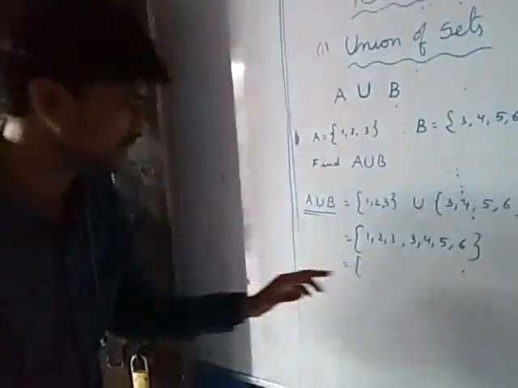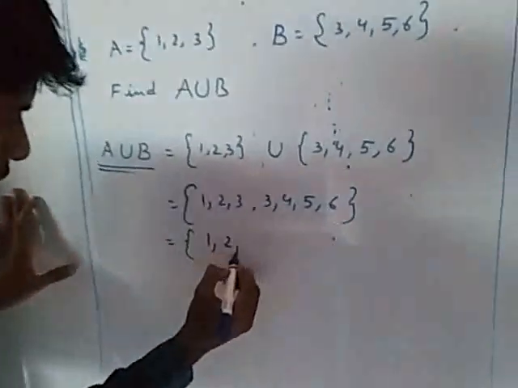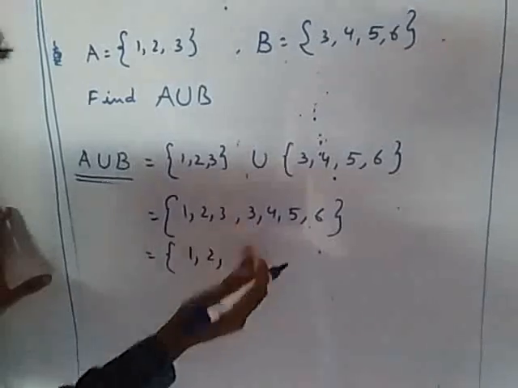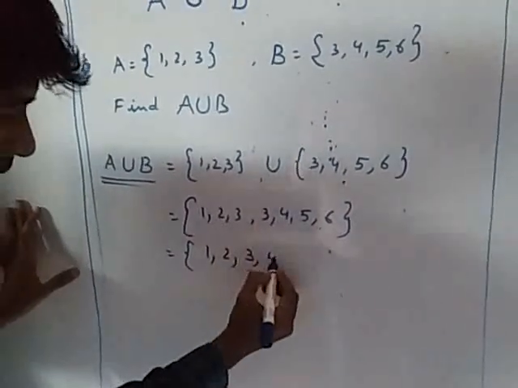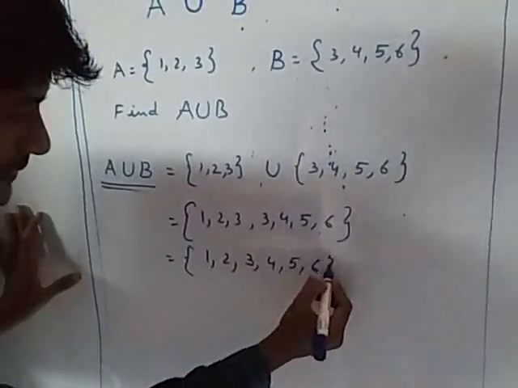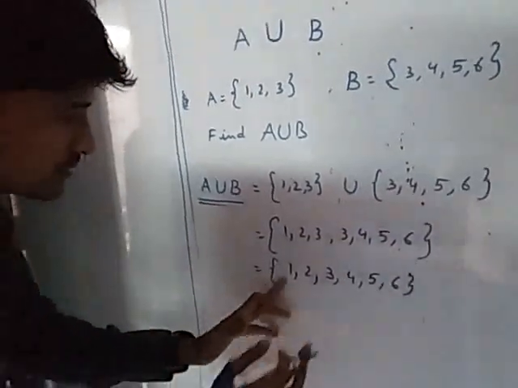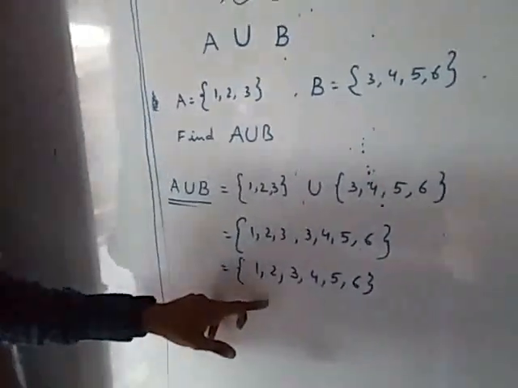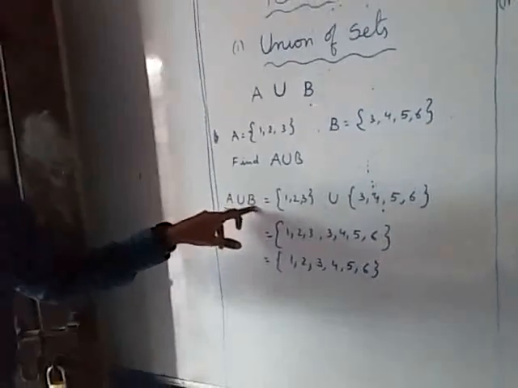So 3 should be written only one time, along with 4, 5 and 6. A union B means 1, 2, 3, 4, 5, 6, all the elements in A union B.